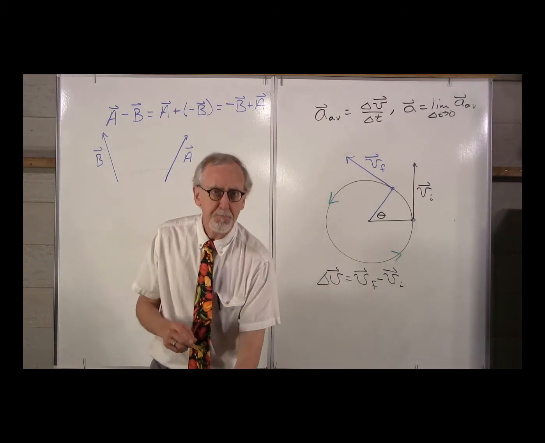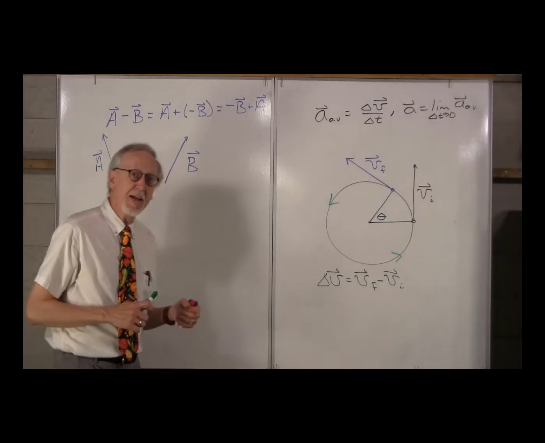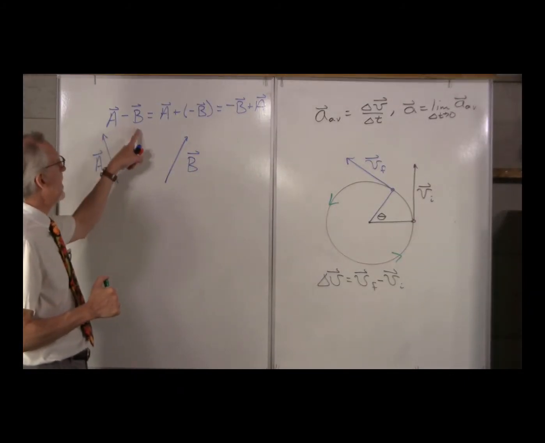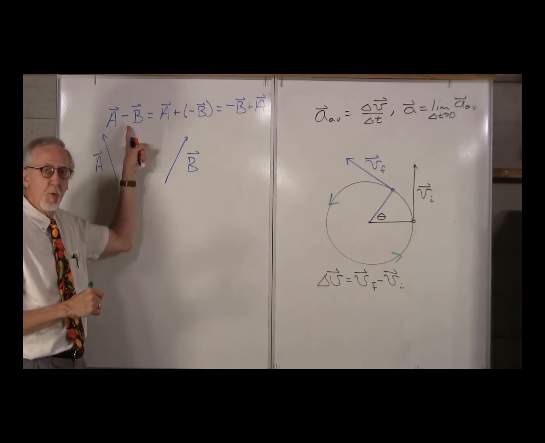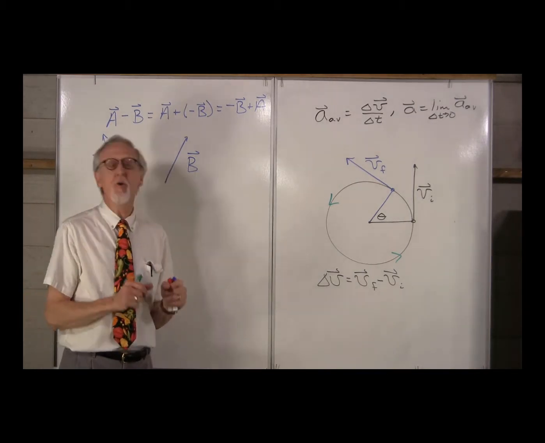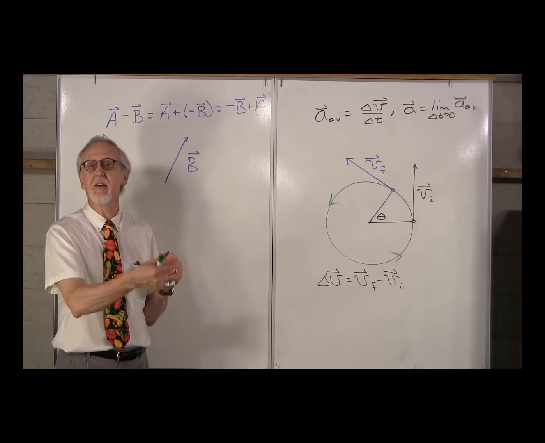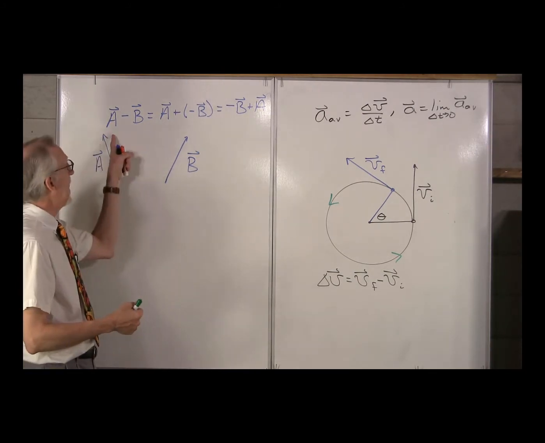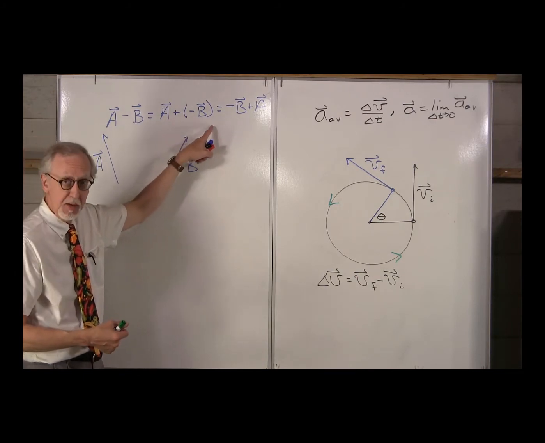Let's remember, how do we subtract vectors? To subtract 2 vectors, a minus b, let's imagine we've got 2 vectors, a and b, and we want to subtract them, a minus b. We know that to subtract 2 vectors is the same as adding the negative of the second vector. So a minus b is the same as a plus negative b.